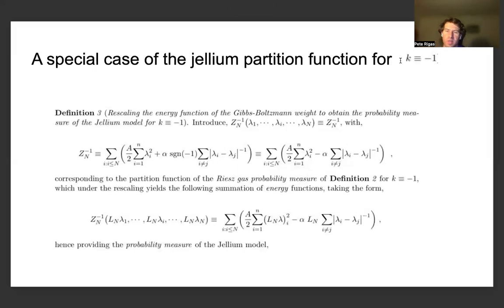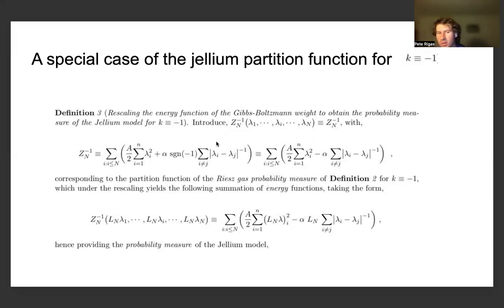And we can look at a special case of the Jellium partition function for k equal to -1. And this corresponds to a rescaling of the Boltzmann weight, because the k parameter in the energy function for the Riesz gas appears from the fact that there can be this minus k term appearing in the difference between the eigenvalues lambda i and lambda j.